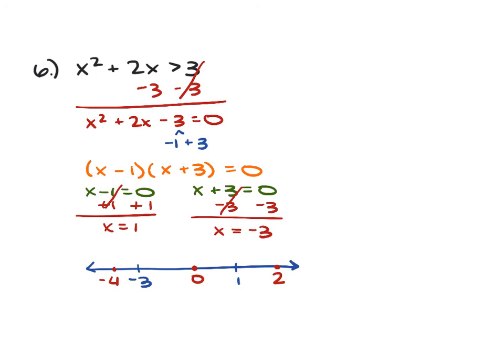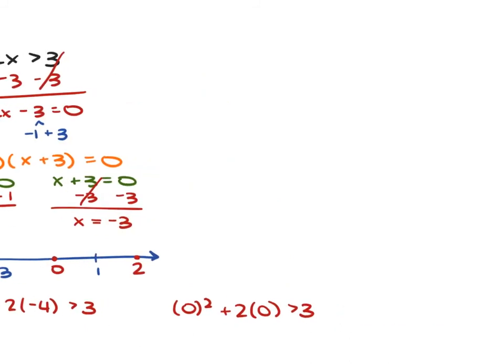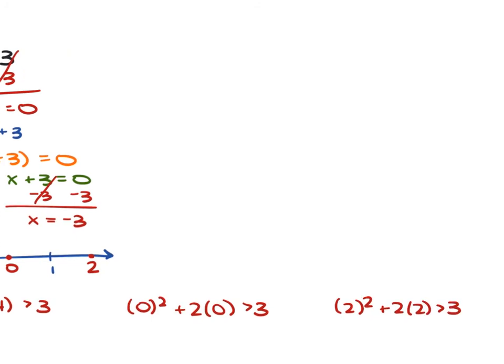From here, I'm going to have the -4 squared plus 2 times -4 is greater than 3. 0 squared plus 2 times 0 is greater than 3. And then 2 squared plus 2 times 2 is greater than 3.